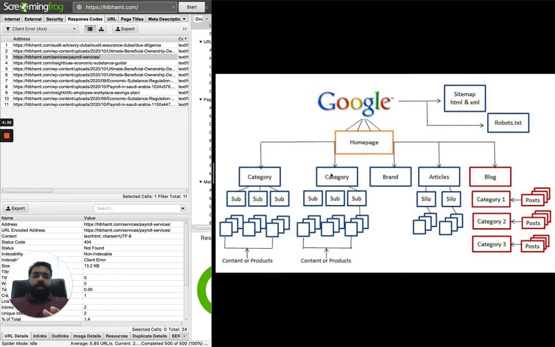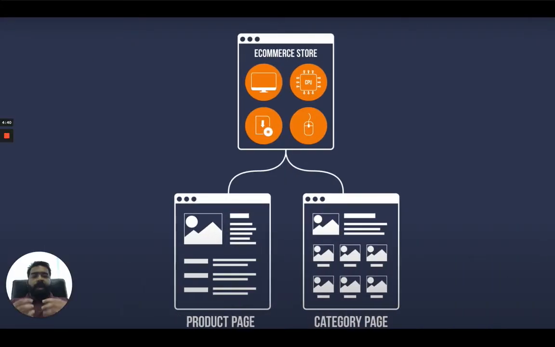Okay, so now let's say I have an e-commerce store, which sells shoes, skirts, tops, hoodies, all these kinds of stuff. So basically I have a product page and I have a category page, right?